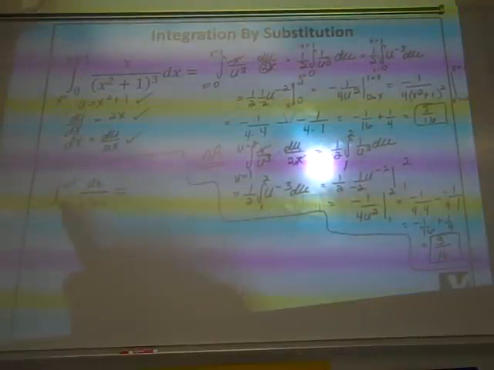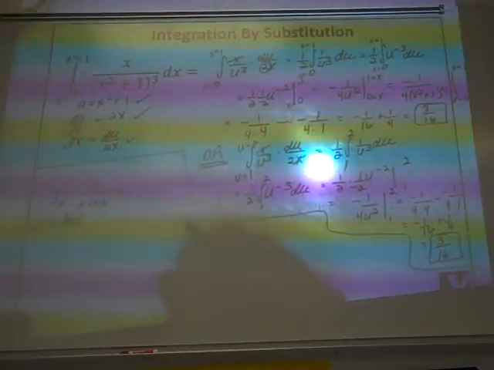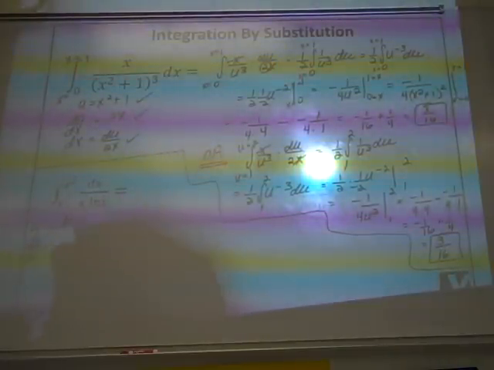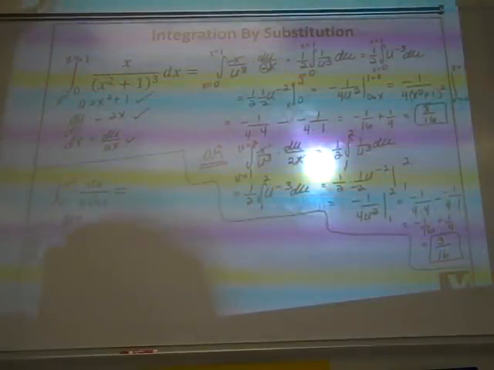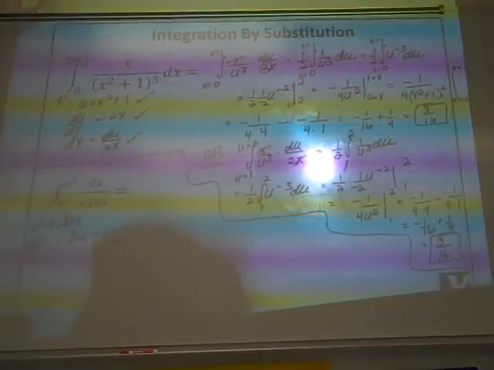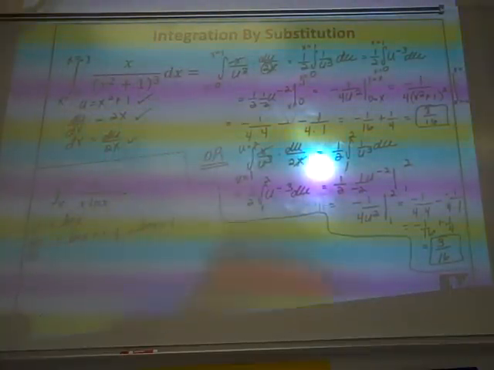You might select u as x times the natural log of x. Well, if we do that, then du dx is going to be a product rule, and so it'll be 1 times the natural log of x plus x times 1 over x. You get natural log of x plus 1.